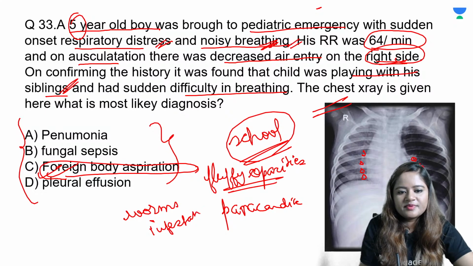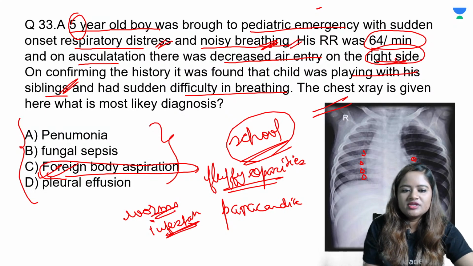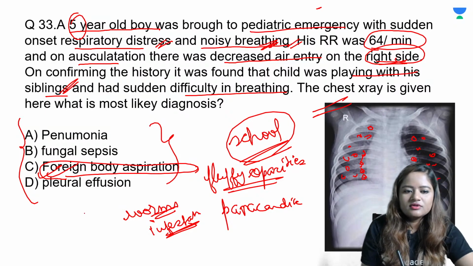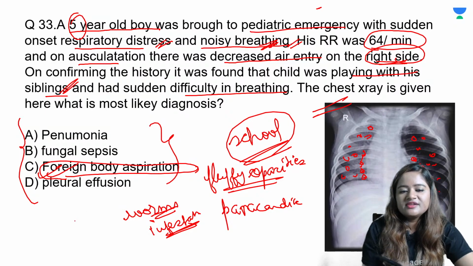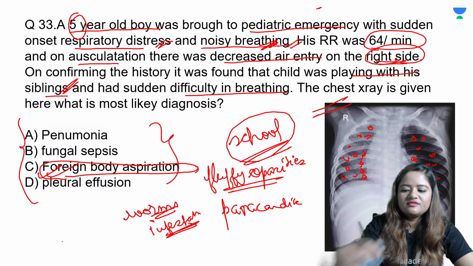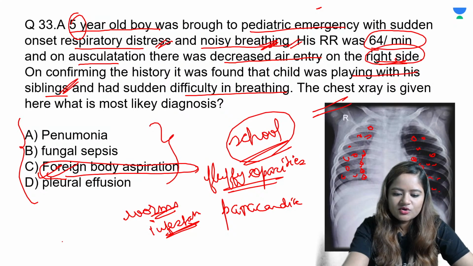Okay, so if a parasite's manifestation complicates the pulmonary part, then you will find paracardiac fluffy opacities. Okay, if you're finding fluffy opacities everywhere in the chest, which is like ball-like lesions, then that could be a fungal sepsis also. It could also be a manifestation of underlying malignancy in the body. So if it is fungal sepsis, you will find ball-like fluffy opacities all over the lung field.